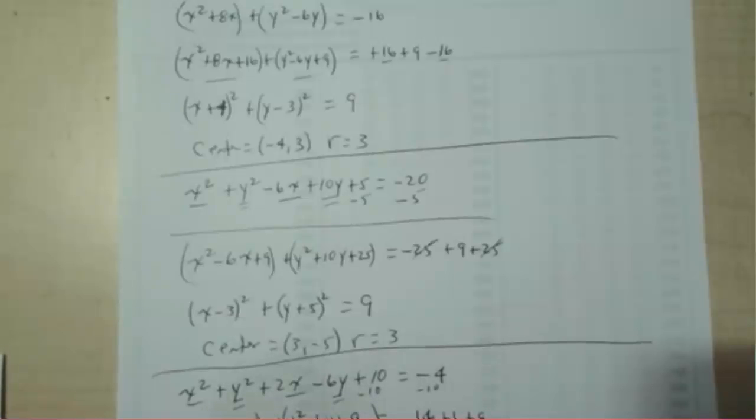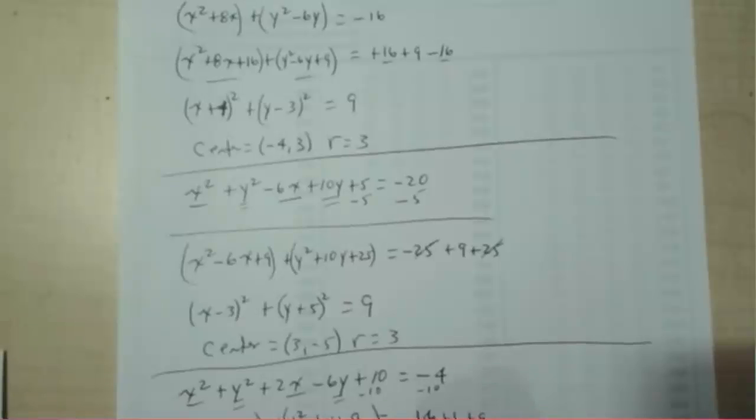Okay, this is x plus 1 all squared, plus y minus 3 all squared, equals, let's see, 1 and 9 is 10, equals negative 4.